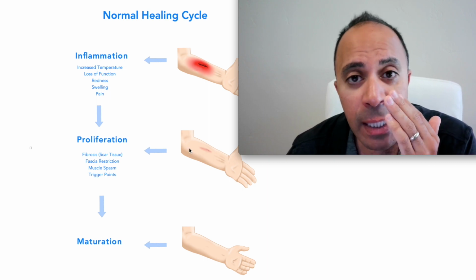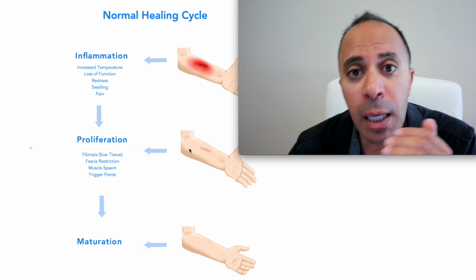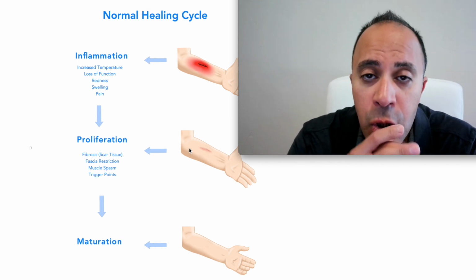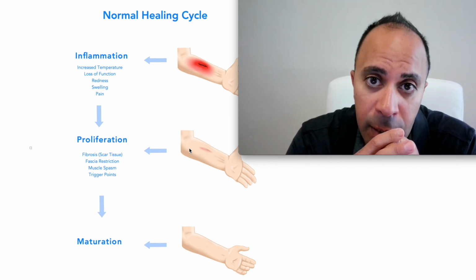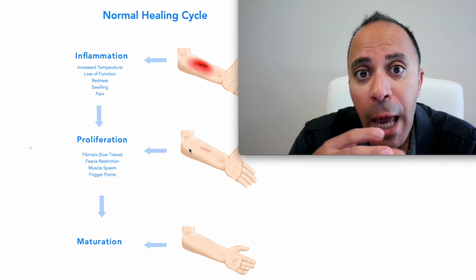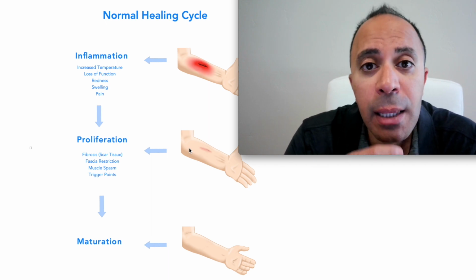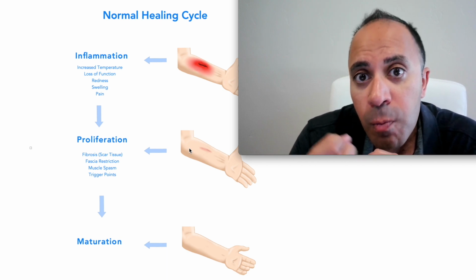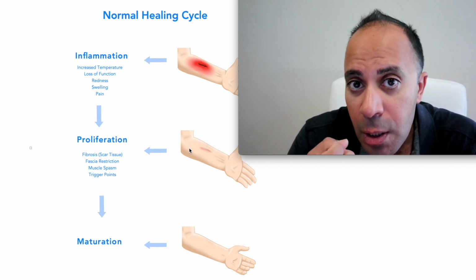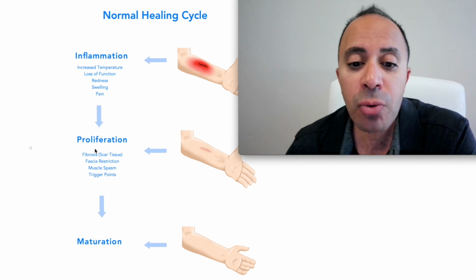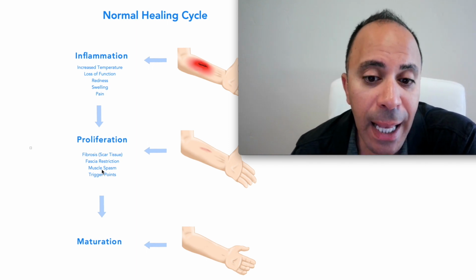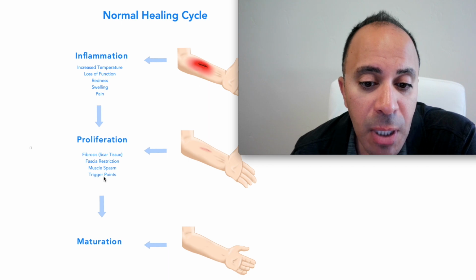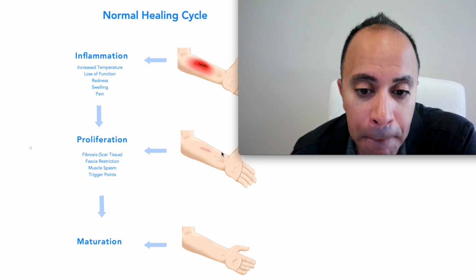When you have any internal or external cut, your body has to build scar tissue. That is part of healing. The problem is when you have too much scar tissue in the way of everything else, that will cause more pressure on the nerve and cause nerve pain. So during the proliferation stage, there is a cascade of events: fascial restrictions, muscle spasm, trigger points.